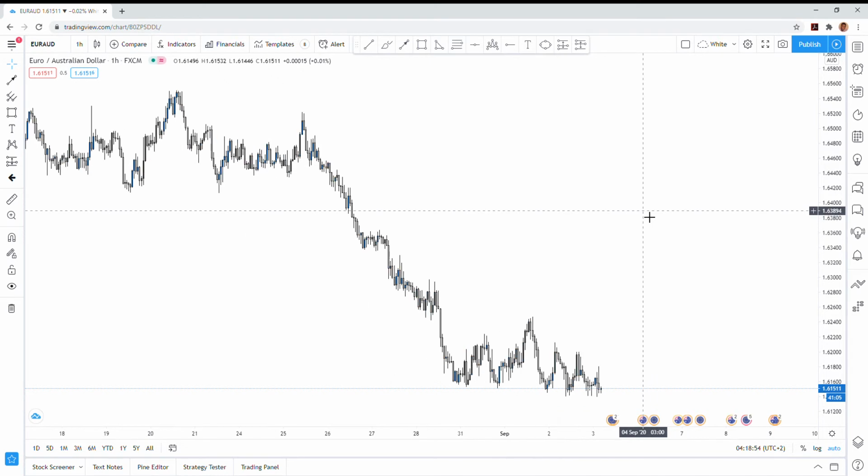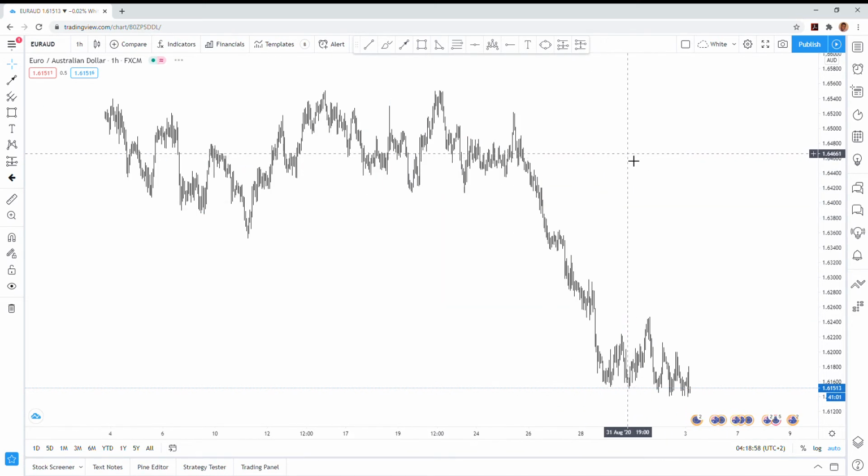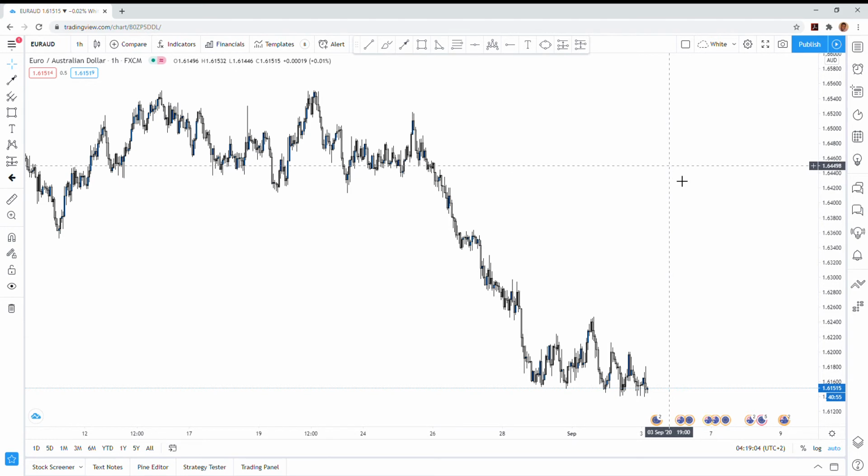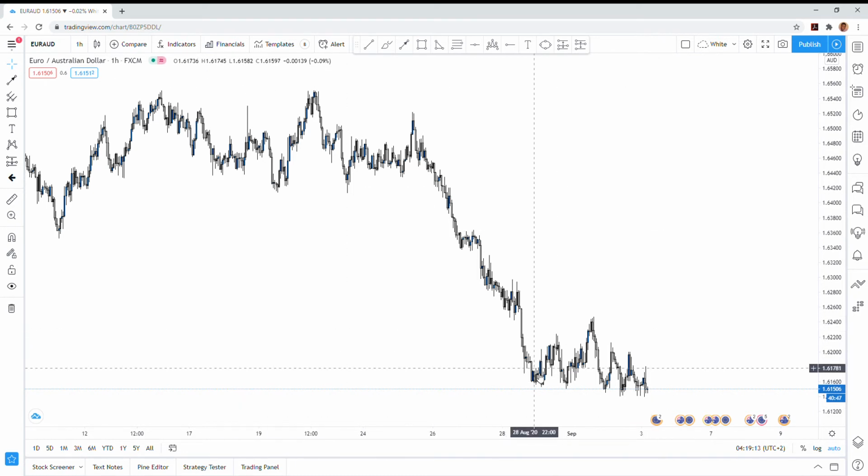Look at this chart, right? I'm on EURAUD on the 1 hour. If I were to ask you right now, what are you seeing? There is a higher chance you'll say price was in a downtrend, and maybe you don't know what it's doing.